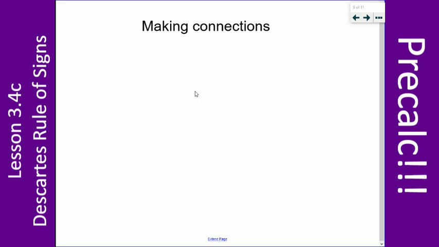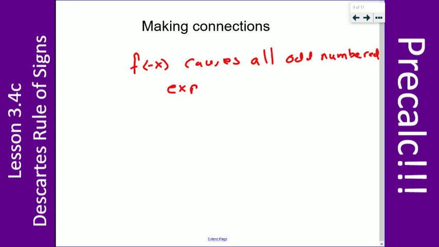Well, it just so happens that whenever you say f of negative x, it causes all of the odd numbered exponents to change sign.